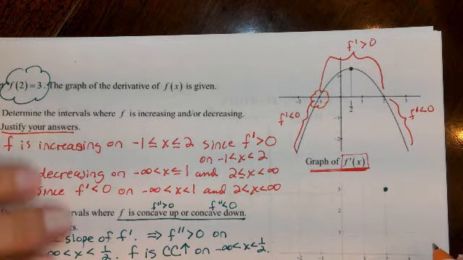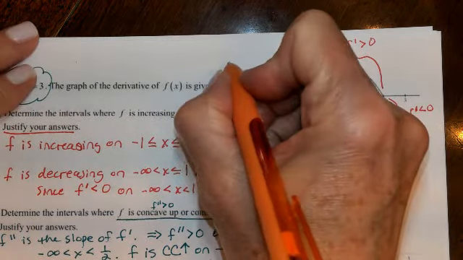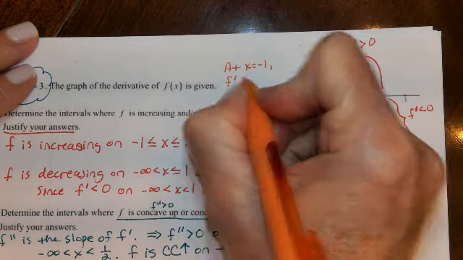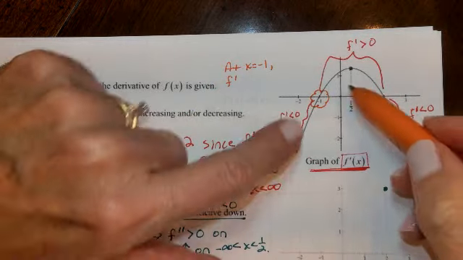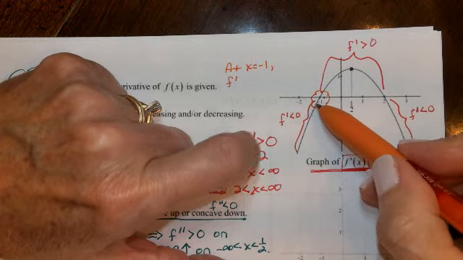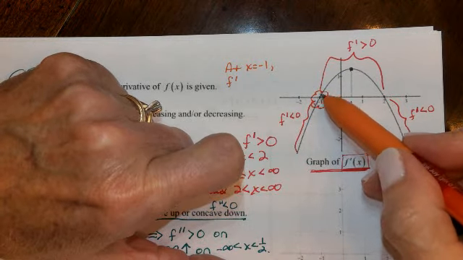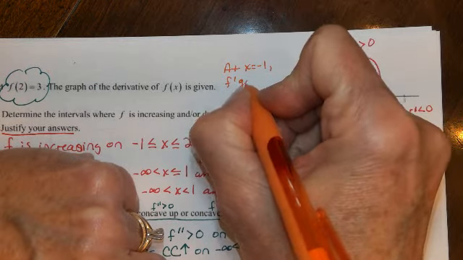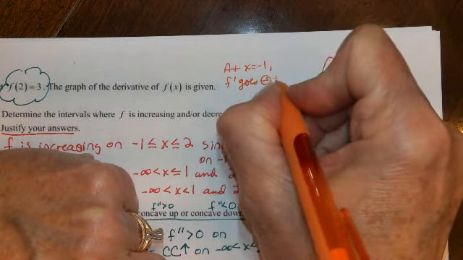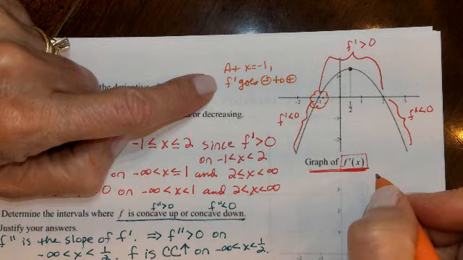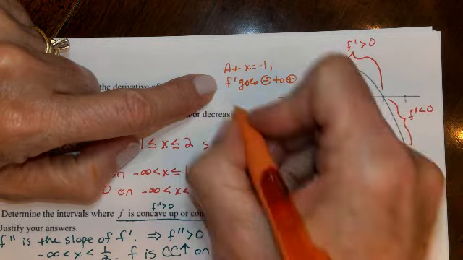They didn't ask me in the problem, usually they do, but at x equals -1, what does f prime do? What did f prime do at x equals -1? F prime went from negative to positive, didn't it? F prime goes negative to positive. What does that mean is happening on f?